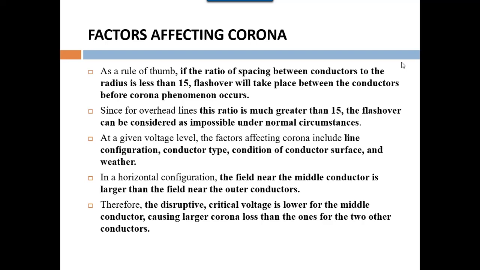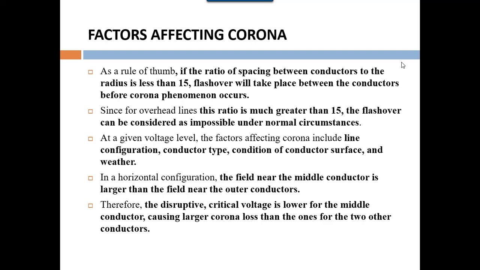But at a given voltage, the factors affecting corona include line configuration, conductor type, condition of the conductor surface, and the weather. So there are four parameters which affect the corona. Number one, line configuration. Second one is conductor type. If the quality of the conductor is different, or the size or diameter of the conductor is different, then it may affect the corona.